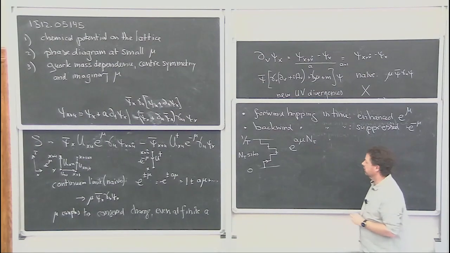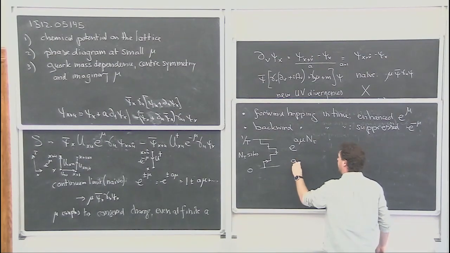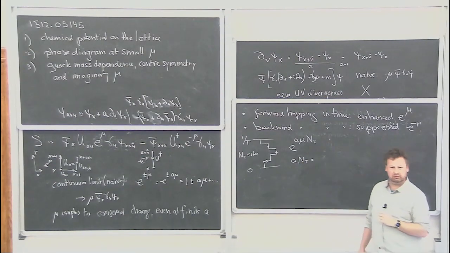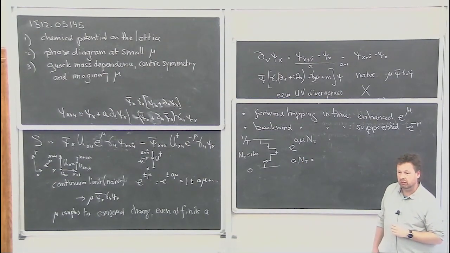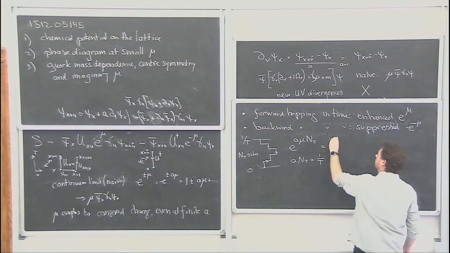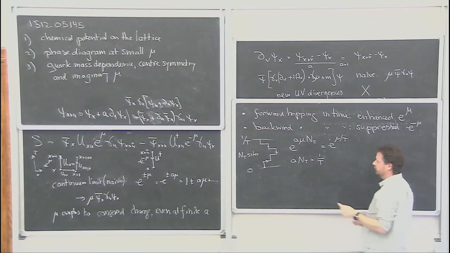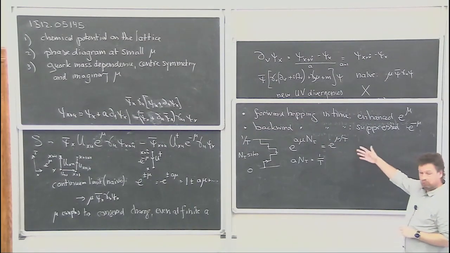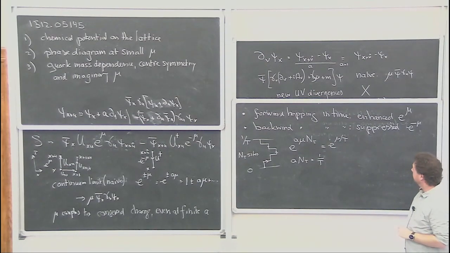So this is the enhancement. Now, what was a times n_tau in the Euclidean formulation? Remember, a times n_tau is 1 over the temperature. And so this is exactly what you would get in a theory. You don't have to refer to the lattice spacing, so it's enhanced by e to the mu over T.